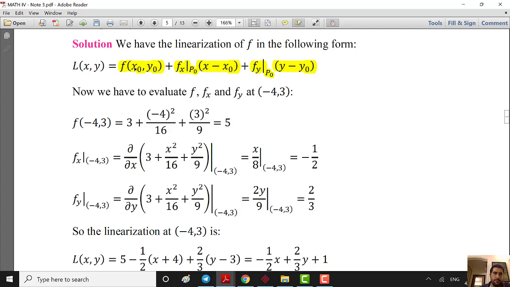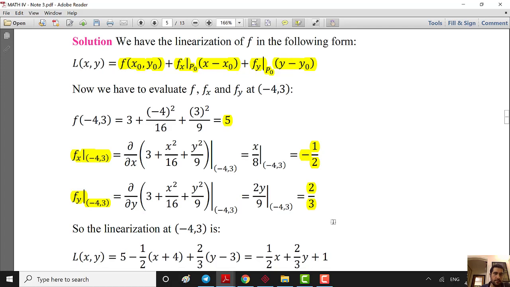The first one, f at (-4, 3), if we do the calculations, we're going to reach 5. For ∂f/∂x evaluated at (-4, 3), if we do the calculations, we reach -1/2. For ∂f/∂y evaluated at (-4, 3), we're going to reach 2/3.